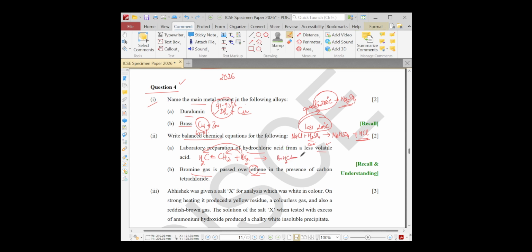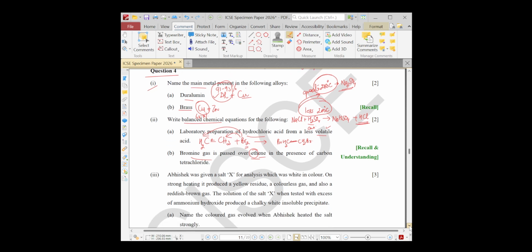And you get CH2Br. Okay, I'm just clearing this, right? So this is the product. So if we write, the equation will be C2H4 plus bromine will give C2H4Br2. Is this clear? Right? Addition reaction.